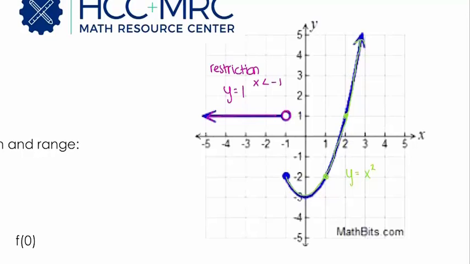So we know it's just been shifted down 3 units, so that's going to be a -3 attached onto that function. And we have a restriction, which is going to be x is greater than or equal to -1. It's again or equal to because this is a closed dot, so it is defined.